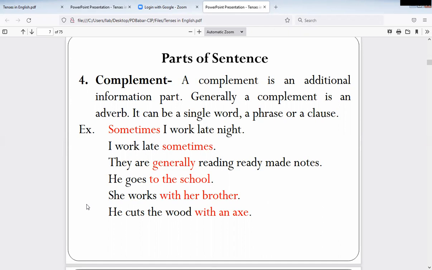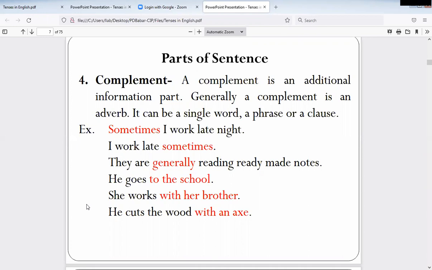He cuts the wood with an axe. So here he is the subject of the sentence, cuts is the verb in this sentence. What cuts? The wood. Okay, what cuts? If you ask the question, then it answers the wood.